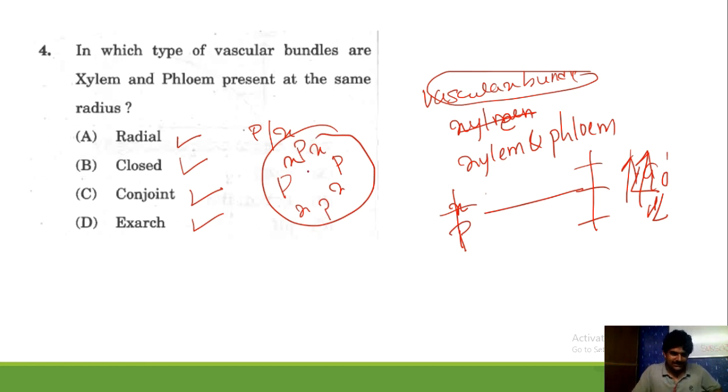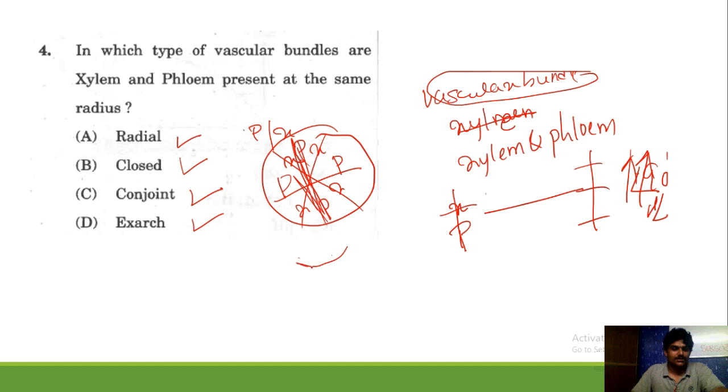So do they come in a single radius? No. Phloem and xylem do not come in the same radius. Then it comes to the closed. Whenever there is a presence of radius or xylem at some angle, before that there should be a differentiation between them.